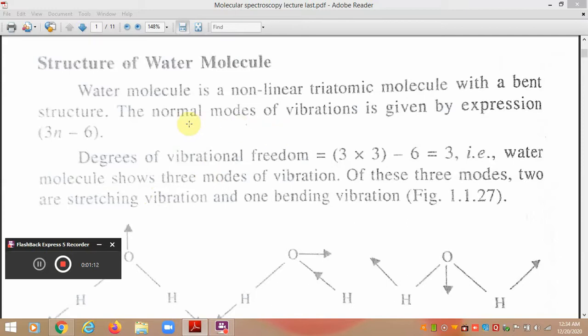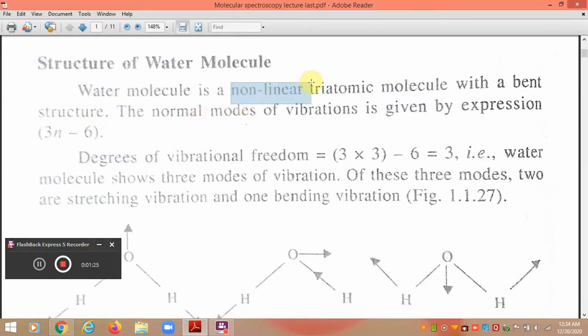If you remember the number of vibrational degrees of freedom that can be calculated for linear and non-linear molecules, water is a non-linear molecule with three atoms in its structure, so it is a non-linear triatomic molecule with a bent structure. As it is non-linear, the number of modes of vibration is given by 3n minus 6, where n is the number of atoms.